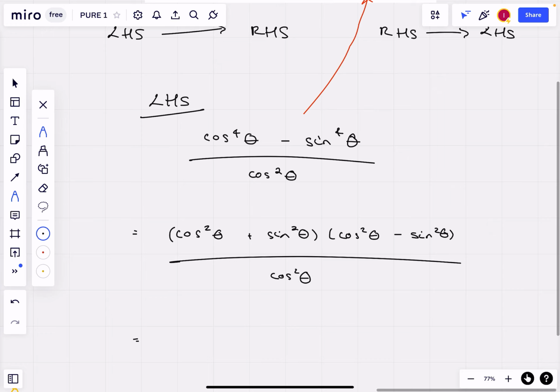From this point, can you use any identity? Yeah, you can use the first one, sine squared plus cos squared. That's your first bracket.